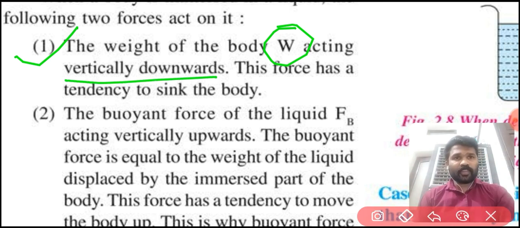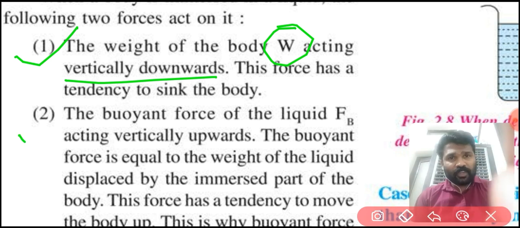This force, the force which is acting vertically downwards, has a tendency to sink the body.